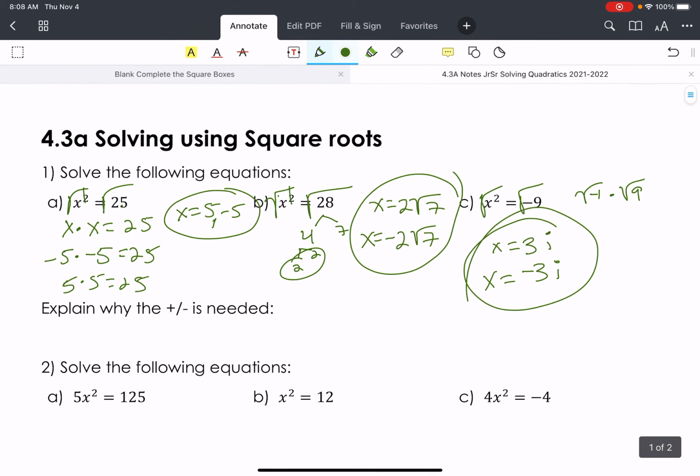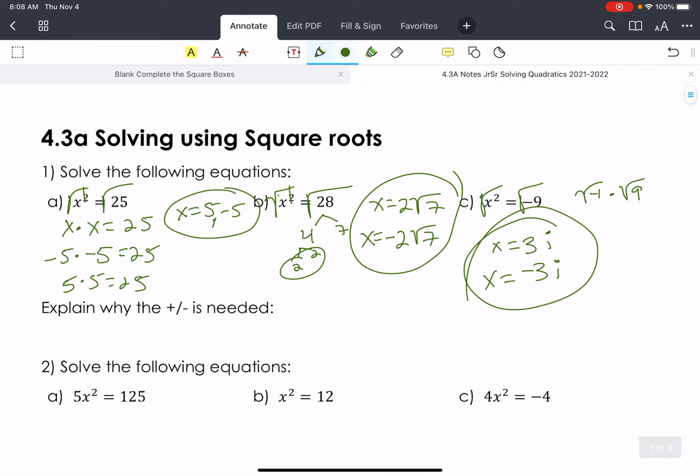So now tell me again, if we look at the first one we did, how does that relate to what we've already done with solving? How does what we just talked about relate to what we just did with solving at the front of this page? Yeah, Cheyenne?